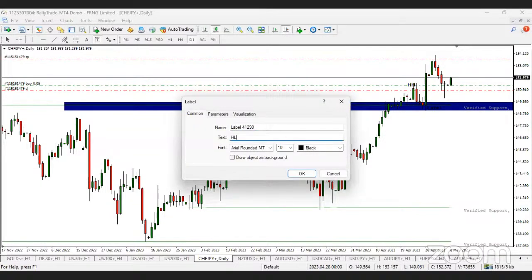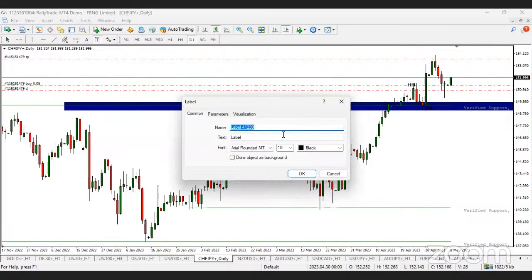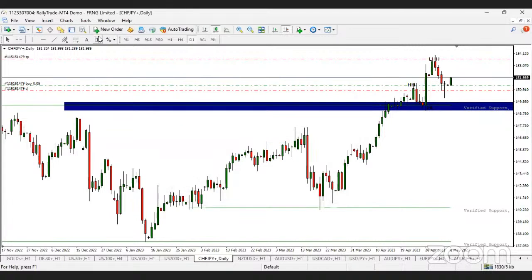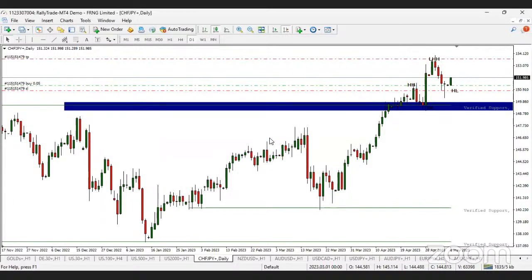So we are still in a bullish market for CHF. And price has created a new higher high. Then our higher low is here. That's our higher low. So swing traders, this is a good opportunity to enter a buy.